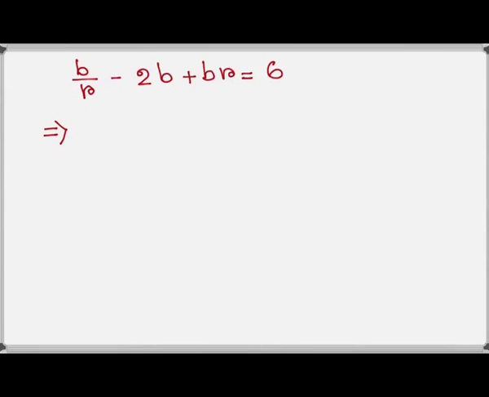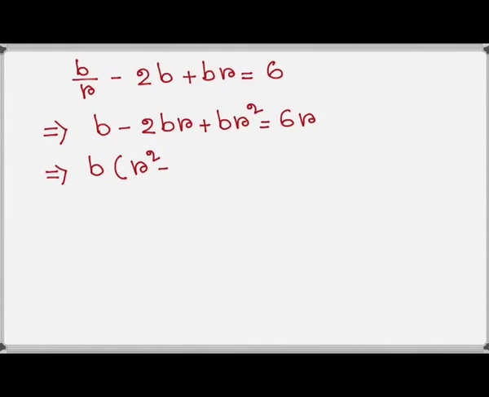That is B minus 2BR plus BR square is equal to 6R. We can write it as R square minus 2R plus 1 into B is equal to 6R.